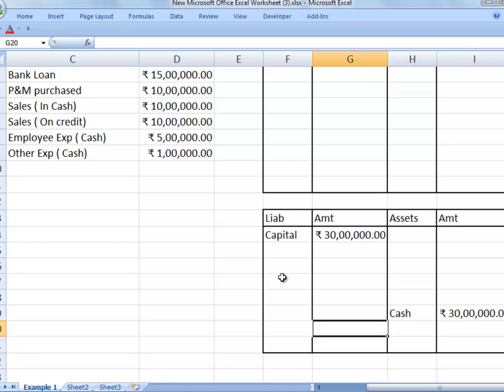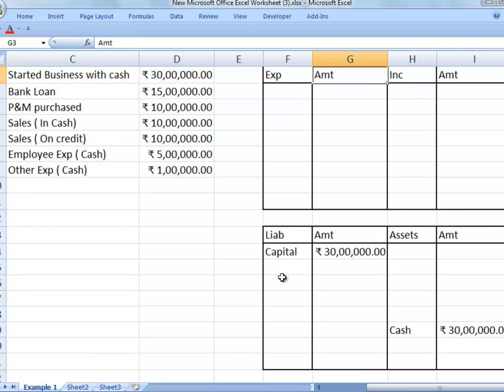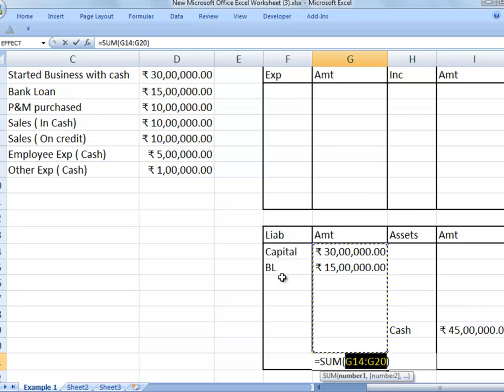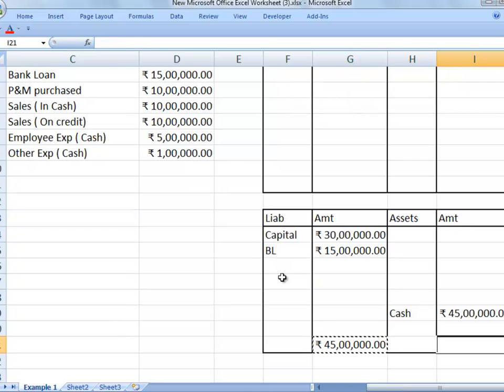What is next? Bank loan 15. Again, bank loan is a liability. So bank loan 15 lakhs. Second effect, now your cash will be 45 lakhs. Now we can in fact have totals. The balance sheet is getting tallied after every transaction.